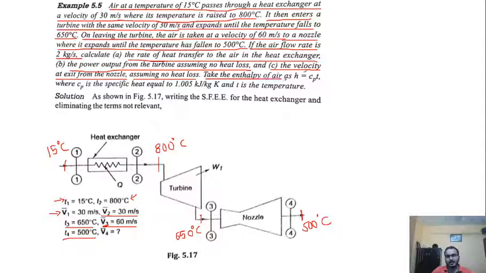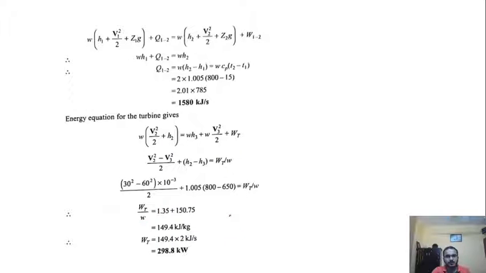Take the enthalpy of air as H equals Cp T, where Cp is the specific heat at constant pressure, equal to 1.005 kilojoules per kg Kelvin, and T is temperature. We have already seen this arrangement, so now we will be applying the formulas. First we apply the SFEE for the heat exchanger.